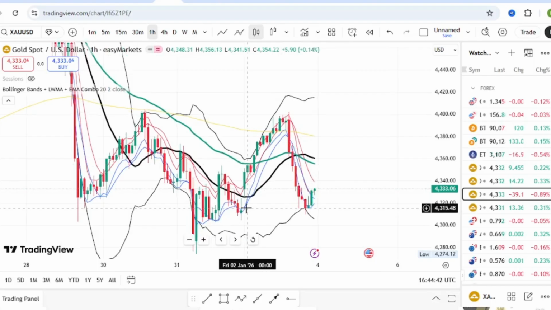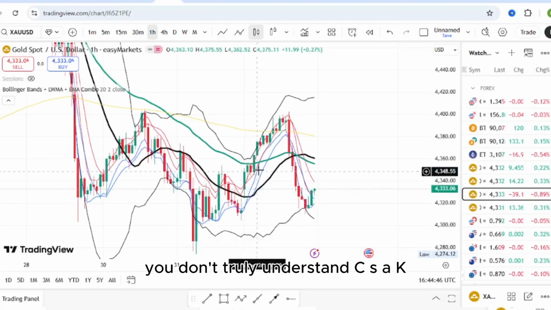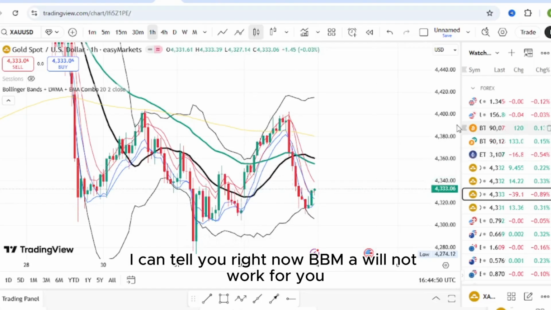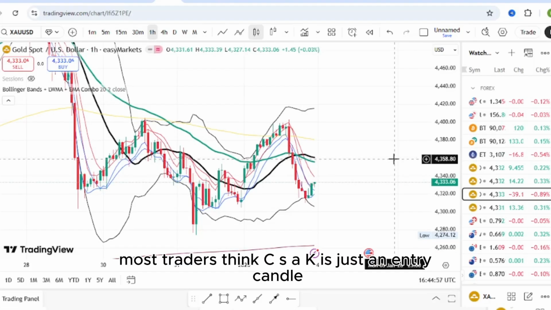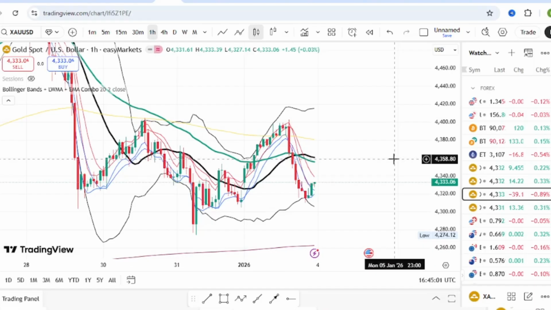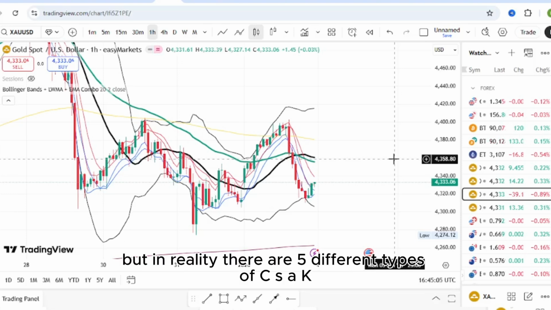If you are trading BBMA and you don't truly understand CSAK, I can tell you right now, BBMA will not work for you. Most traders think CSAK is just an entry candle. Some know one type, some know 2, but in reality, there are 5 different types of CSAK.